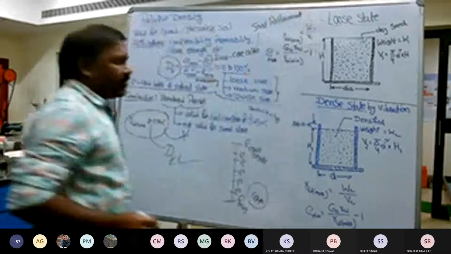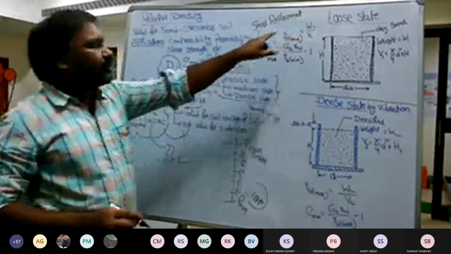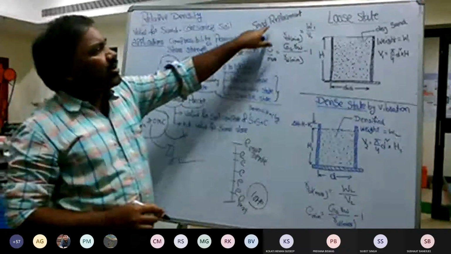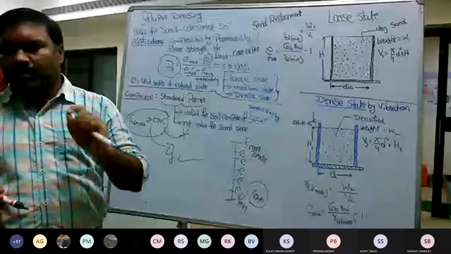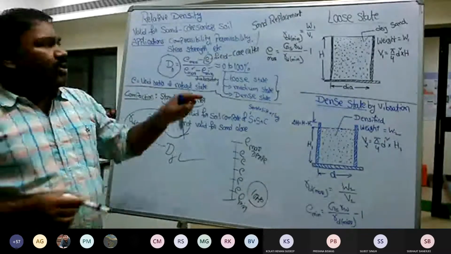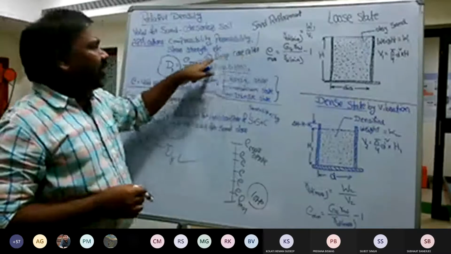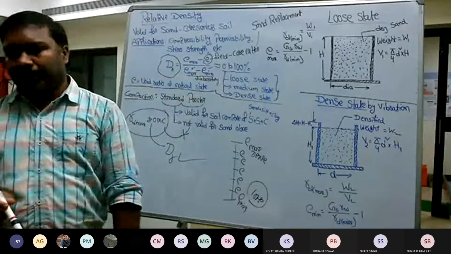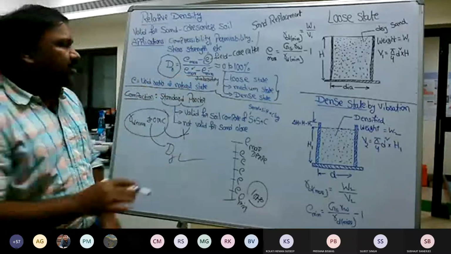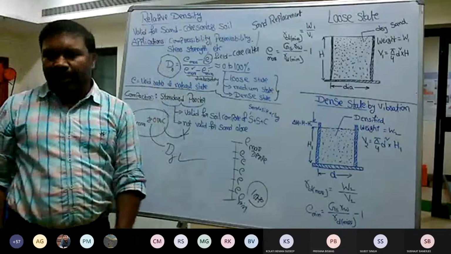We adopt either the core cutter method or the sand replacement method to determine the void ratio in the field. From this method we will obtain the e, and from today's experiment we will determine the e max and e minimum. Thus that completes the determination of relative density.